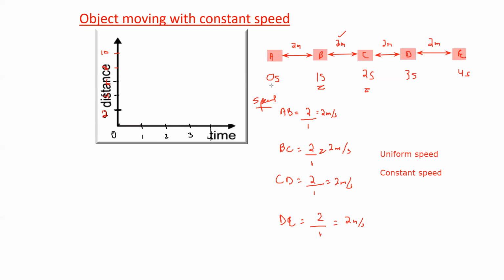Now after 1 second, how much distance is covered by the object? Abdullah Sarfraz, after 1 second, what is the distance covered by the object? Abdullah, you can use a mic to answer quickly. 4? Yes.